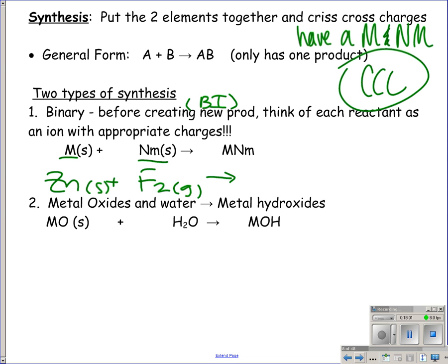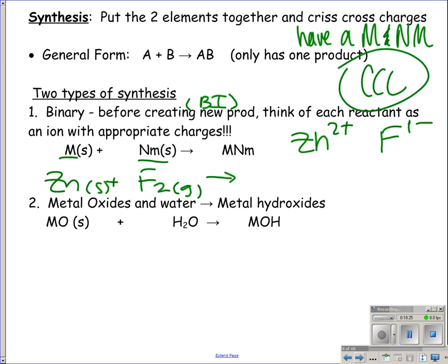When they come together, you have to crisscross their charges. So in your head, you're saying, oh, Miss Ella, I know the charge of zinc. What is it? 2. You just have to memorize that one, okay? So zinc is a 2+. Fluorine is in the 7th group, but how many electrons does it have to gain to be noble? 1. So it gets a 1 minus charge. That's how we're getting these charges.